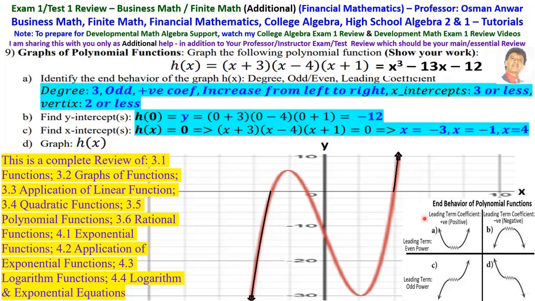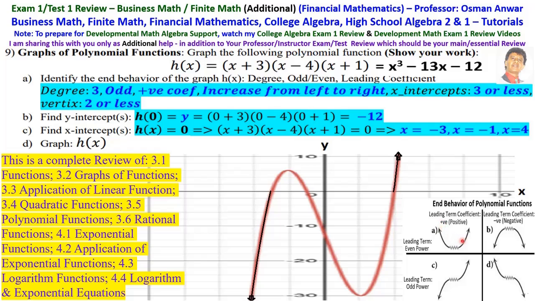Let me explain what end behavior is. End behavior of a polynomial function: it will open up if the leading term is an even power. Even power means x squared, x to the 4, x to the 6, x to the 8, x to the 10, and so on.